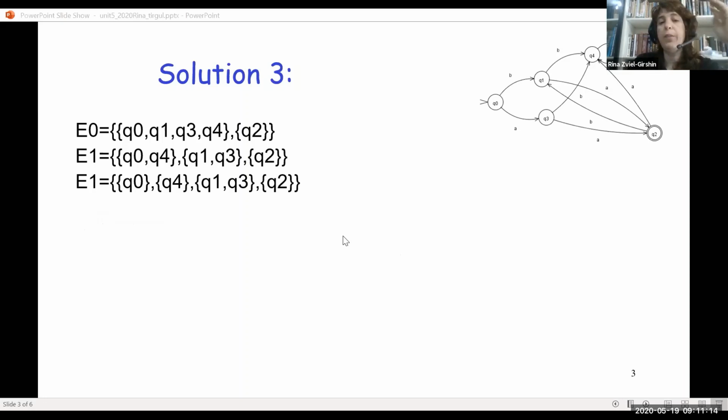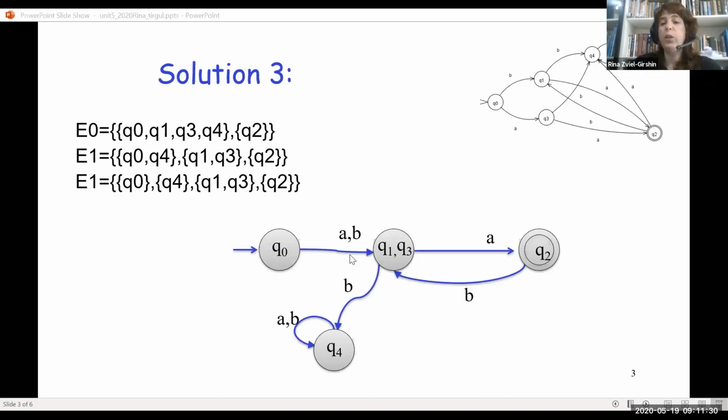So you will have 4 states in your new automaton. Q0 state, Q4 state, Q1 and Q3 united, and Q2 an accepting state. Q0 is initial state. From Q0 with input A and B, you will move to Q1, Q3. Q1, Q3 on A will move to Q2, and Q1, Q3 on B will move to Q4.